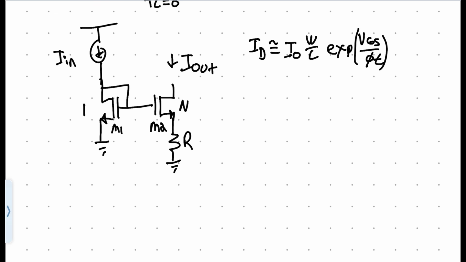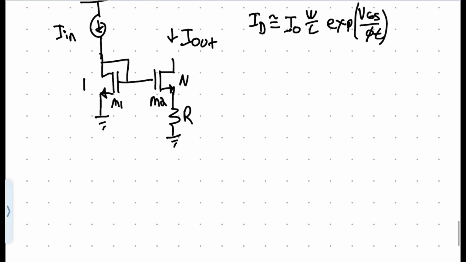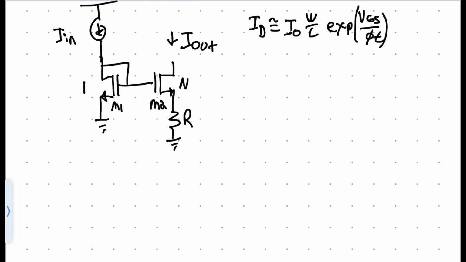And if we rearrange this expression for VGS, then what we get is phi t natural log of ID over I0 times that W over L.